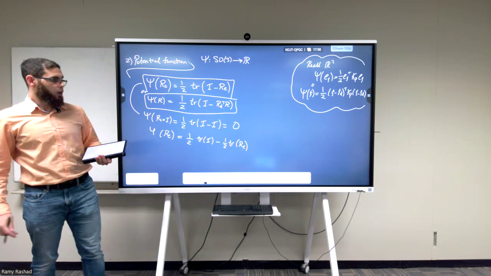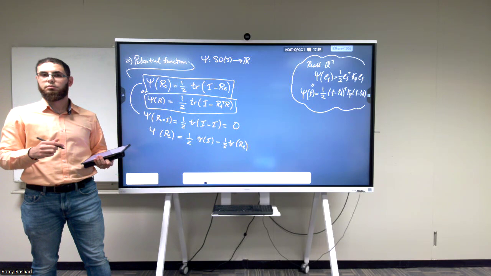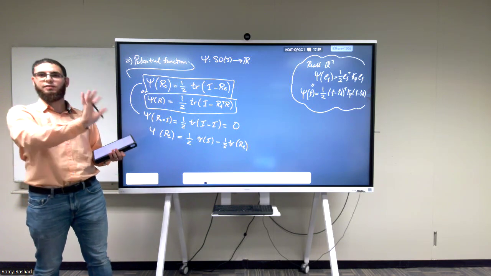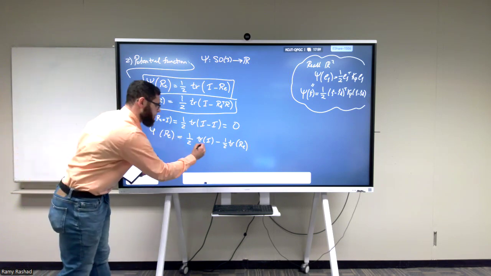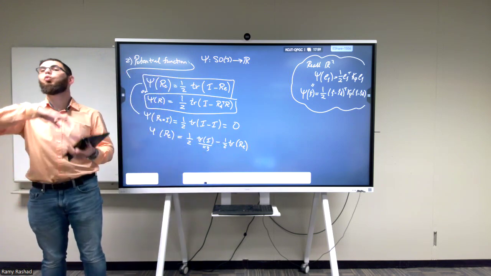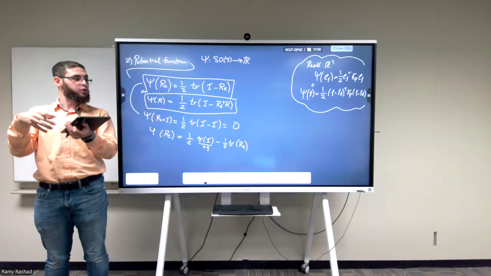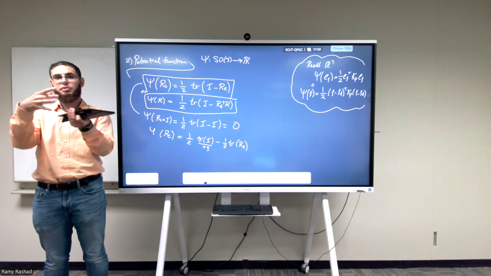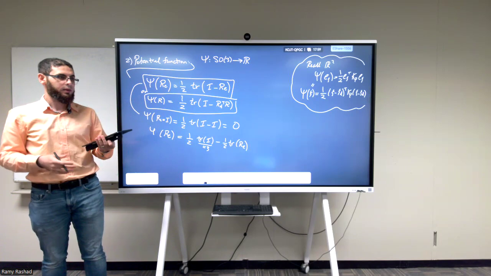What is the trace of the identity matrix? Just the trace of the identity matrix. 3, right? 1 plus 1 plus 1. So this is equal to 3. What is the trace of the rotation matrix, no matter what the rotation matrix is? Can we have a closed form solution to show that, whatever the rotation matrix is, the trace is bounded, so that we can look at psi of R?